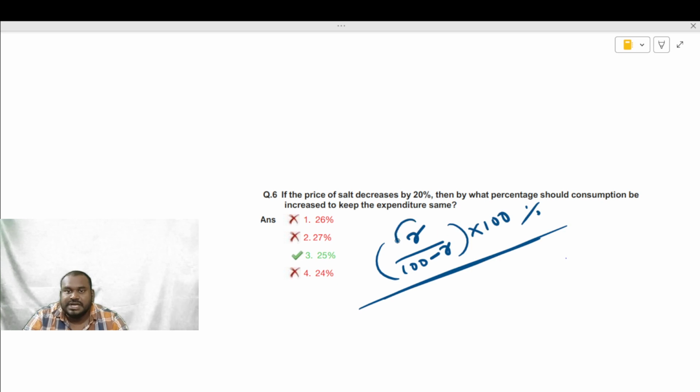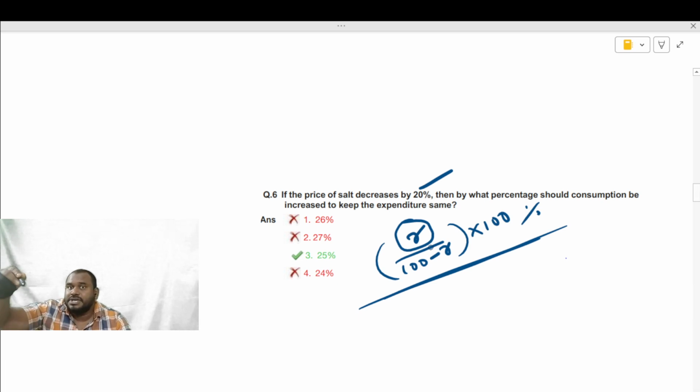Here R is 20. If the price of salt decreases by 20%, by what percentage should the consumption be increased? If the price decreases, I will use more. Use more means my consumption will increase, beyond 100%.